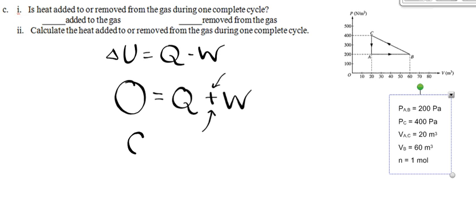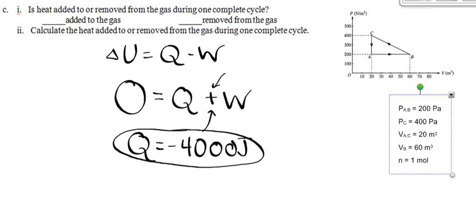Which means Q is equal to negative work, which means heat was removed from the gas. And once again, it's this work by the system and by the surroundings and on the gas and on the surroundings. We're going to have to clear that up, and it's just going to take a couple examples.